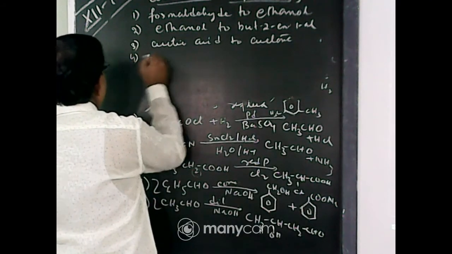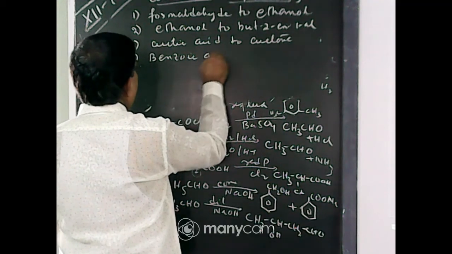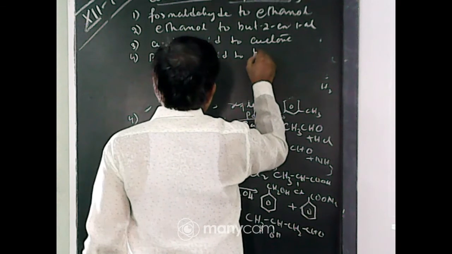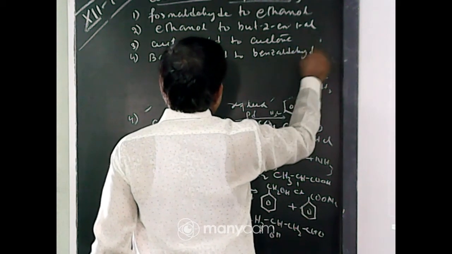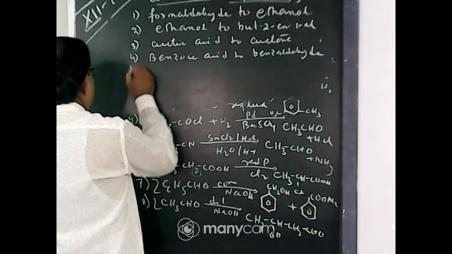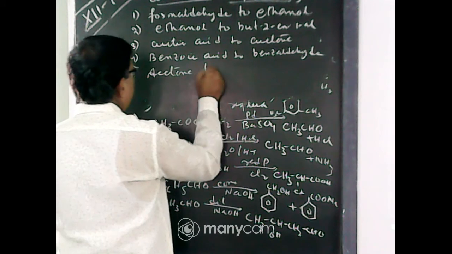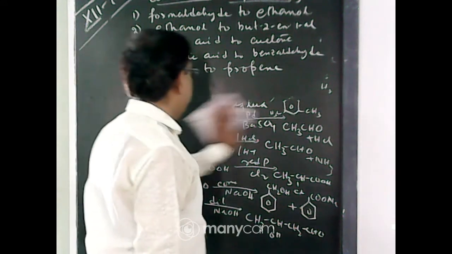Number 4, benzoic acid to benzaldehyde. Number 5, acetone to propene.